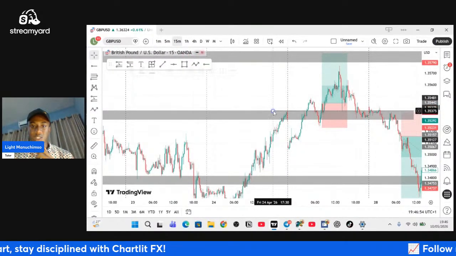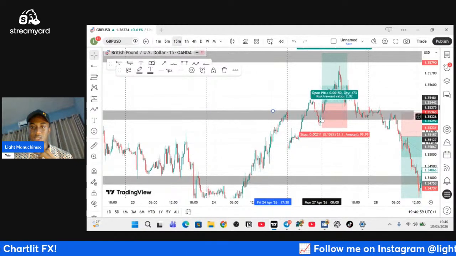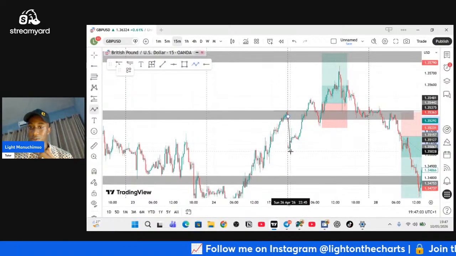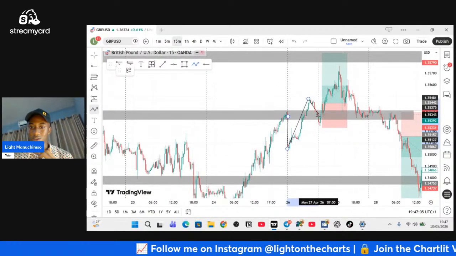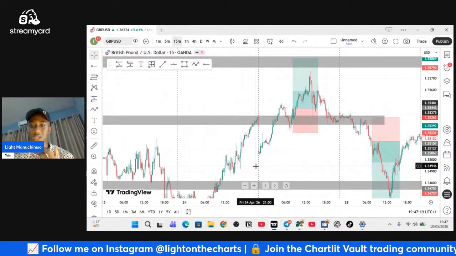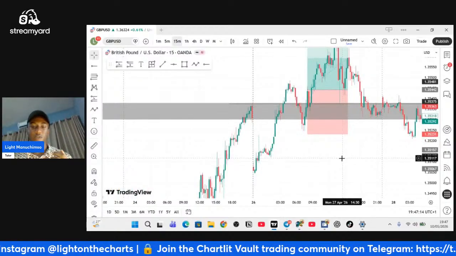This was the previous day's high. Price broke it, dropped below it, came here, gave me my double pattern kind of here, here, came back here. Now you can see all my confluences are aligning. I always make sure I have a point of hesitation.